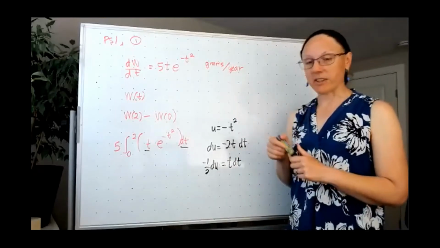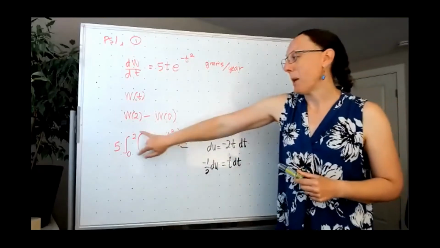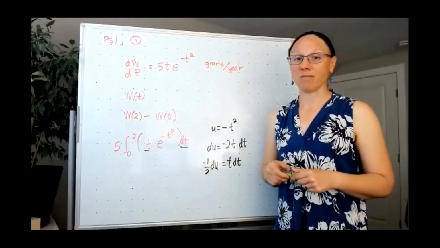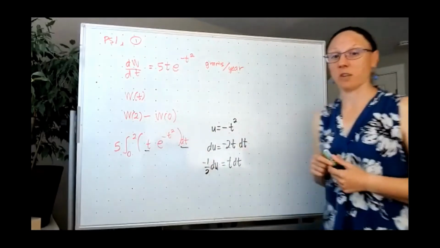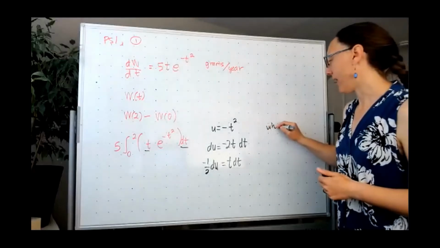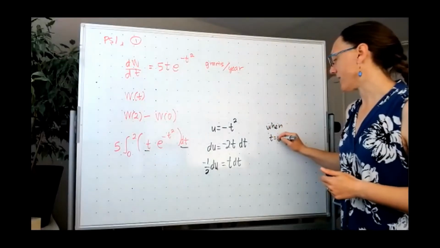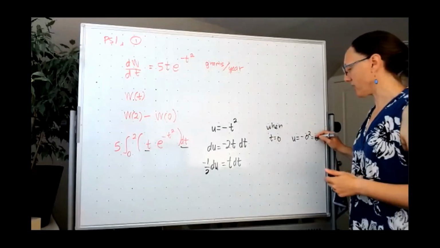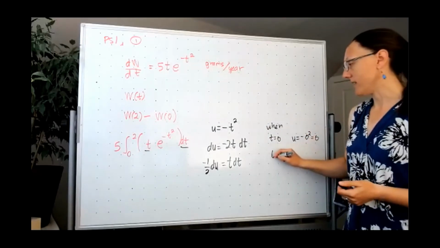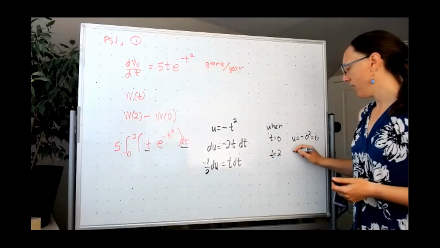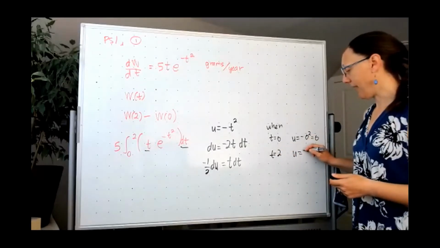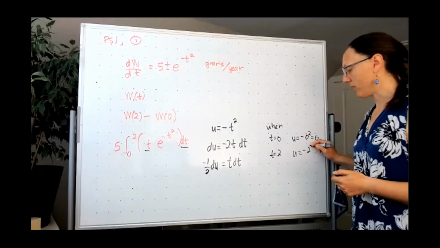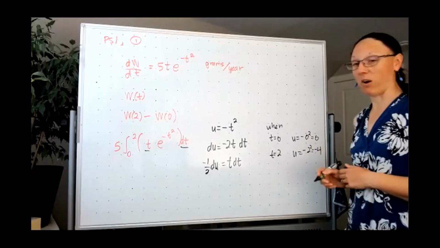Now I've got almost everything I need in my vocabulary list, but I haven't yet dealt with the bounds. So I'm going to choose to change the 0 and the 2. So I'm going to come over here and say when t equals 0, u would be equal to negative 0 squared, which is 0. And when t is equal to 2, then u would be equal to negative 2 squared, or negative 4.